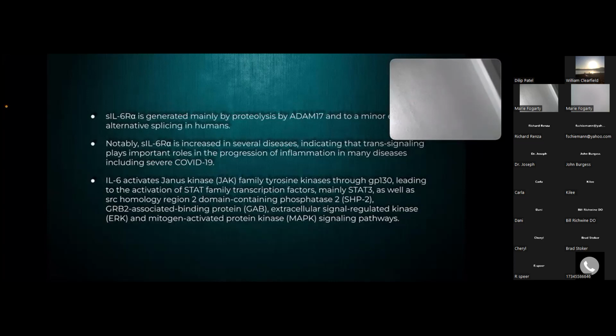And when you think about it, Janus is also the root for January, which is the beginning of a new year. That ultimately leads to, you know, spring and summer, and there's cycles. Well, cells have cycles too.